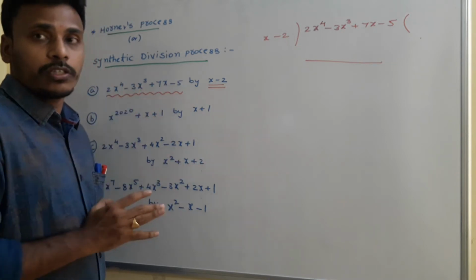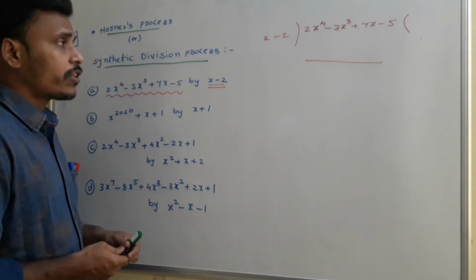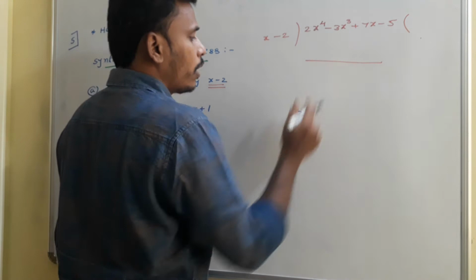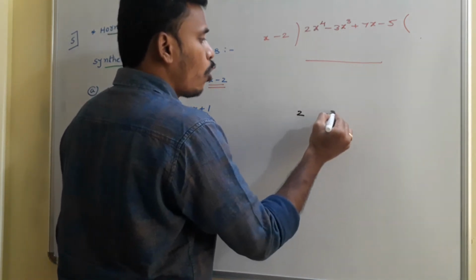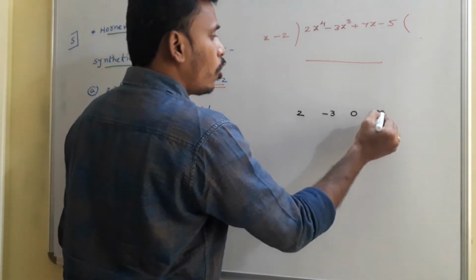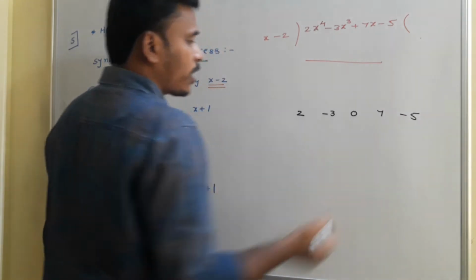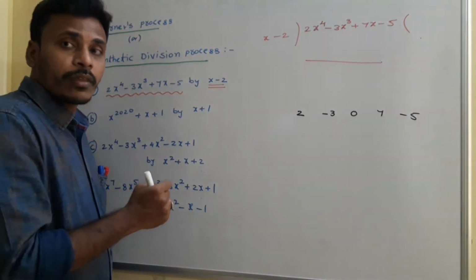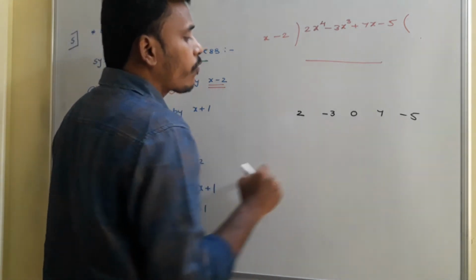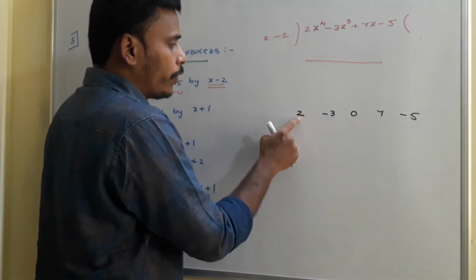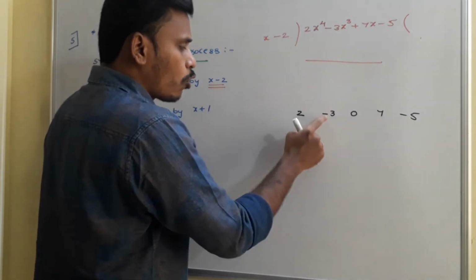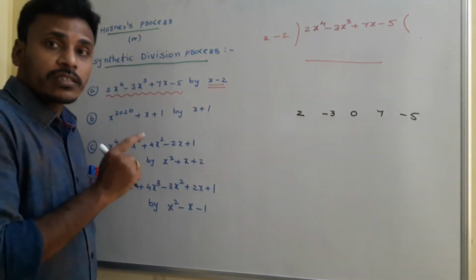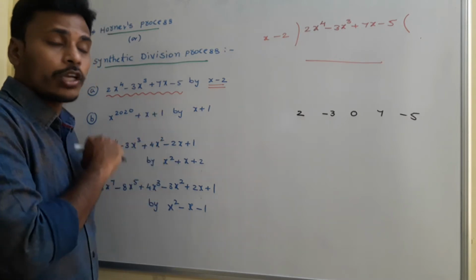So how to proceed? First of all, list out the coefficients of the polynomial in decreasing order of the powers: 2, minus 3, 0, 7 and minus 5. The x power 4 coefficient is 2, the x cube coefficient is minus 3, and x square is missing, so you consider its coefficient as 0.